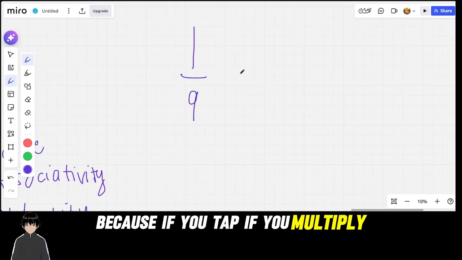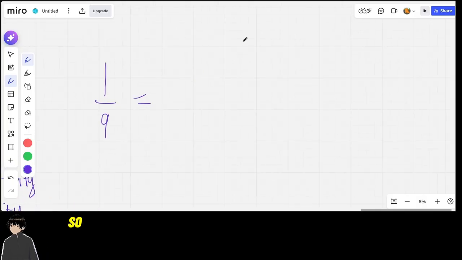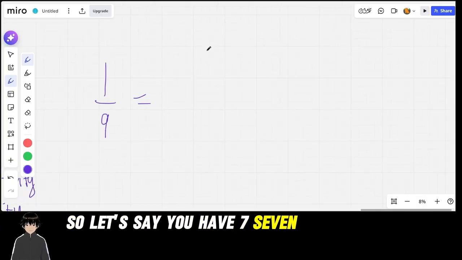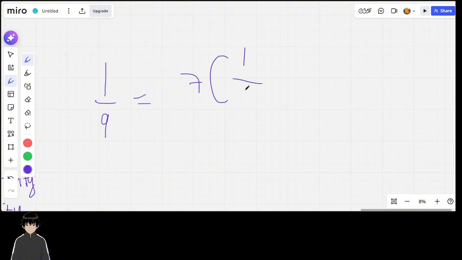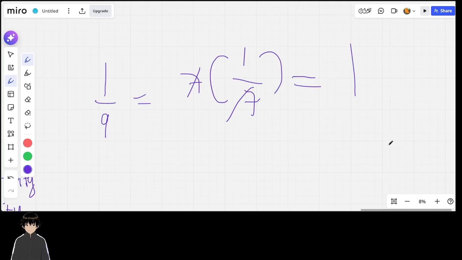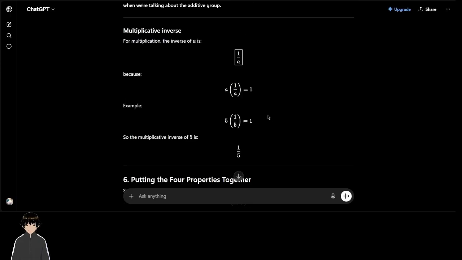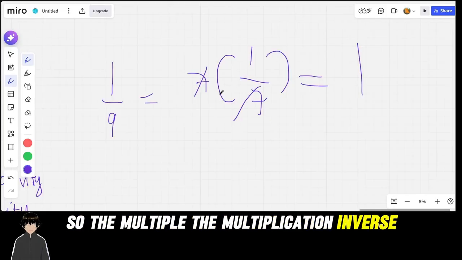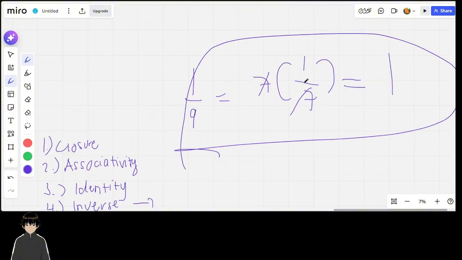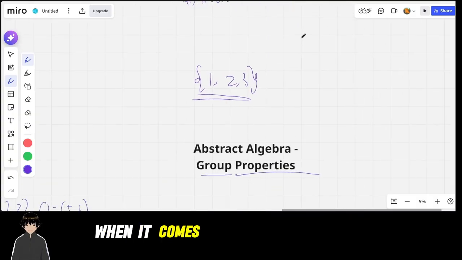Because if you multiply something, let's say you have 7, 7 times 1 over 7, the 7s would cancel and you would only be left with 1. So it basically undoes itself. So the multiplication inverse is 1 over a. And that is the entirety of group properties when it comes to abstract algebra.